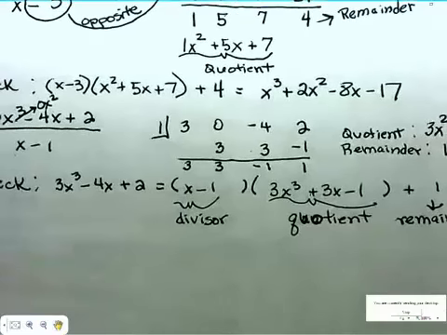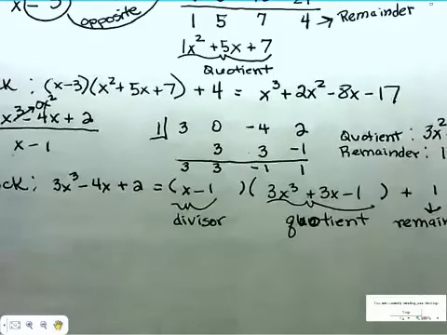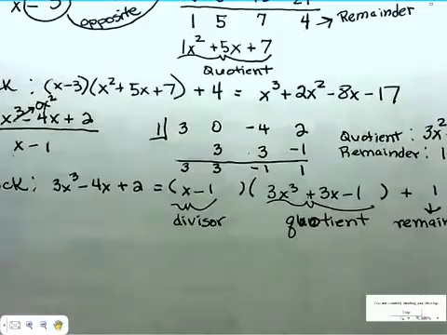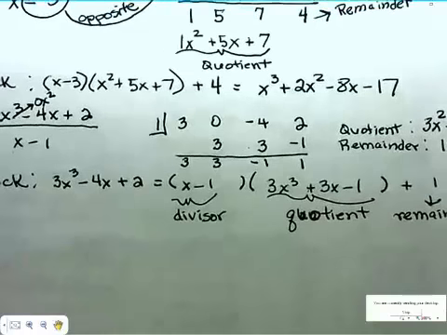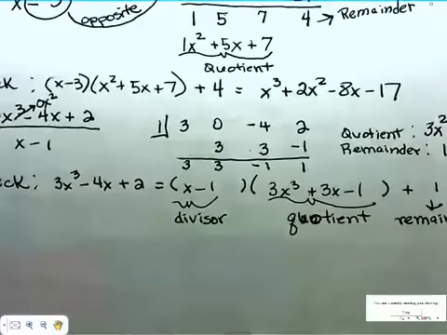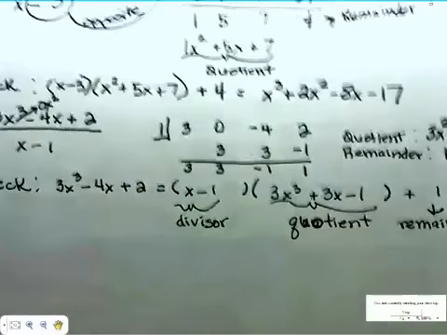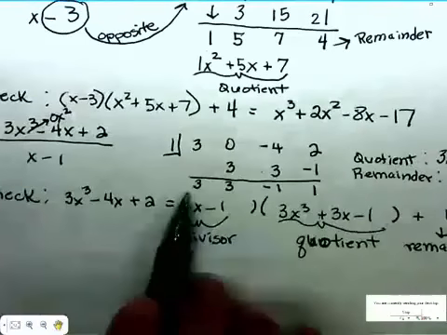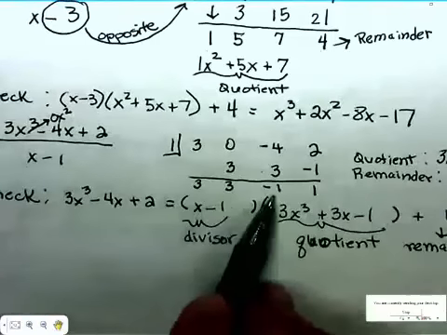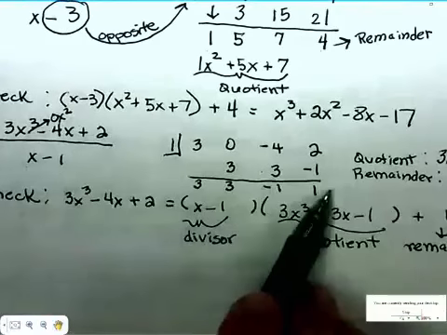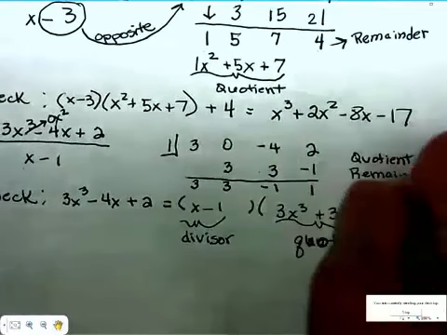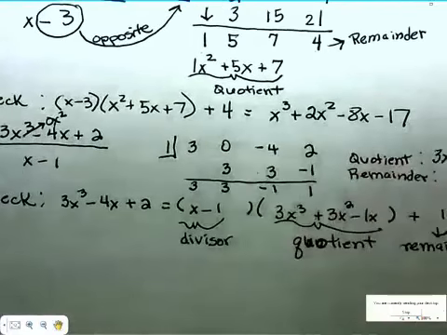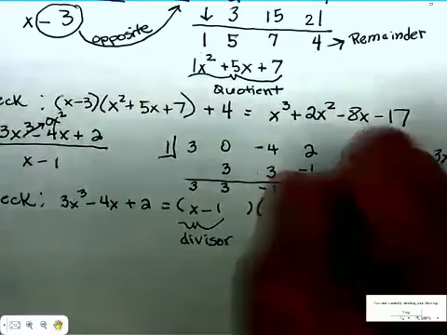Yes, ma'am. I quit. I am not coming back. Okay, what just happened? 3x cubed plus 3x squared. I left out the remainder. That's 3x cubed plus 3x squared minus x. No. Oh, 3x squared.